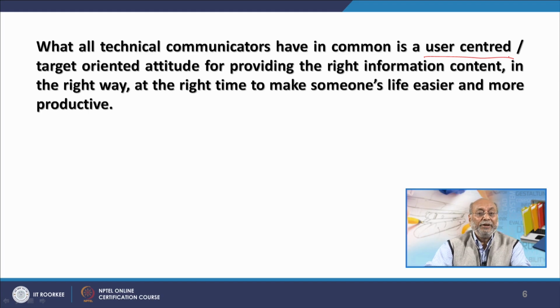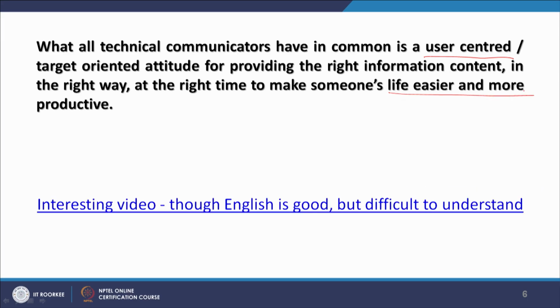Better communication will provide all this. I will also mention here that good English may not always be good for technical communication. A person may speak very complicated English, but whether that is really understood is another important thing.